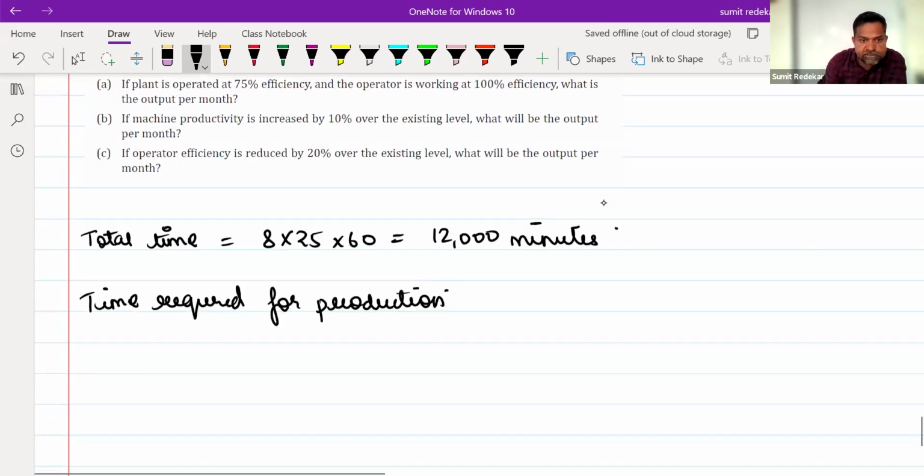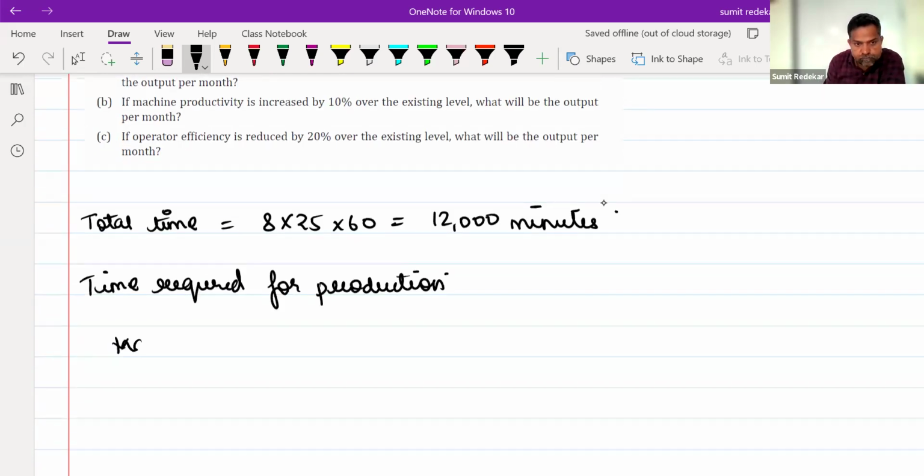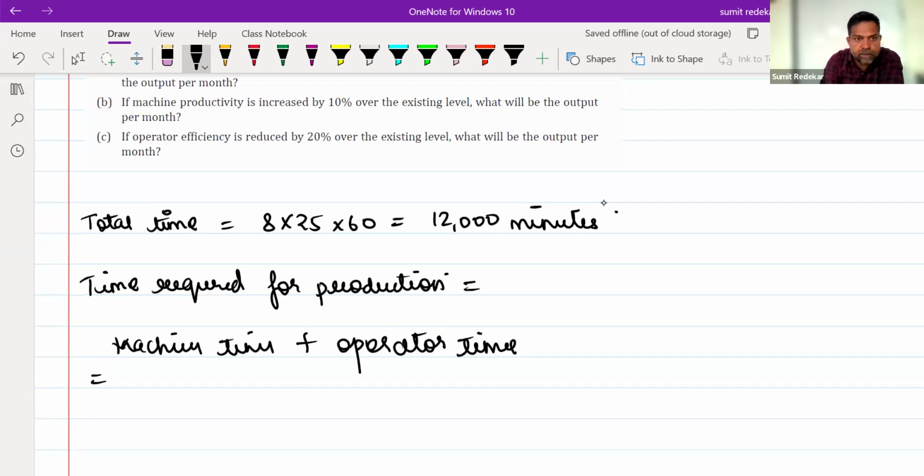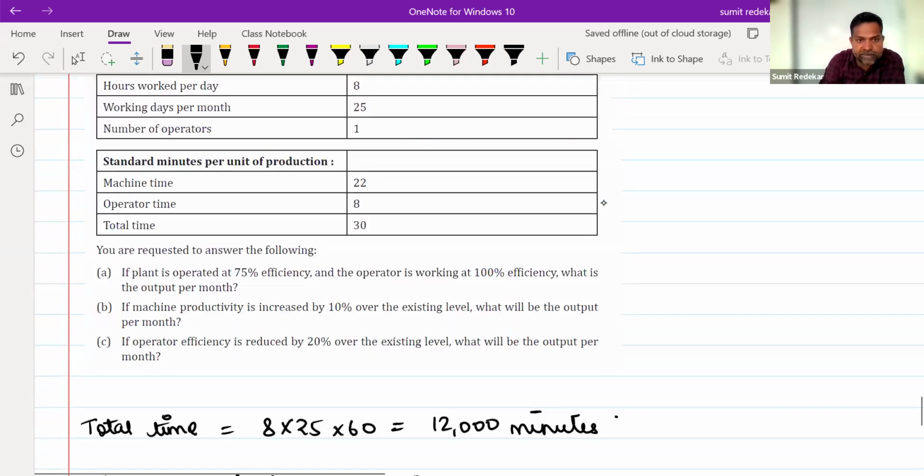Time required for production is machine time plus operator time. Machine time is 22 minutes, operator is 8.